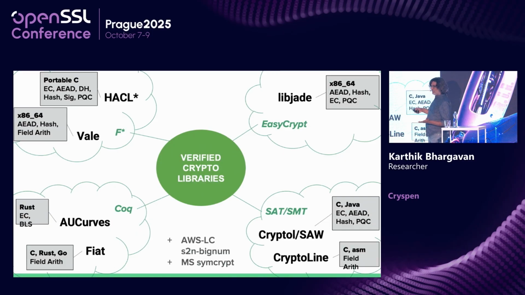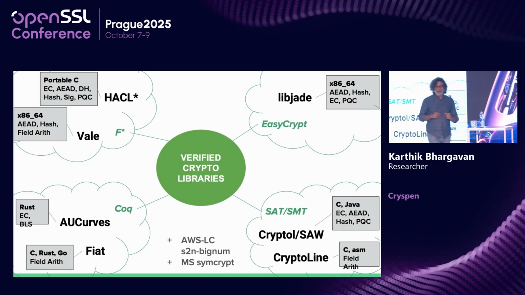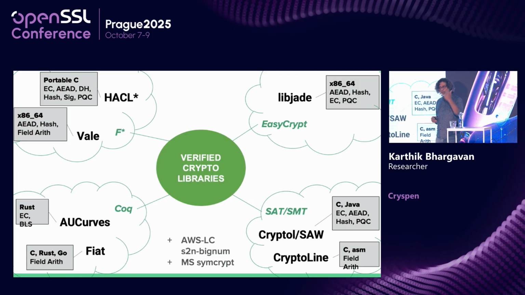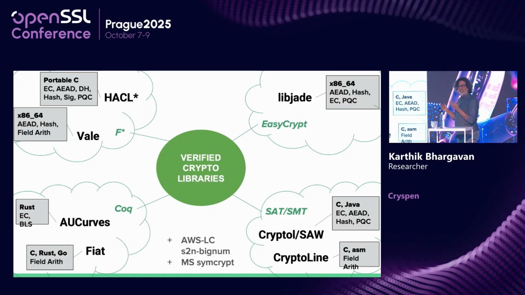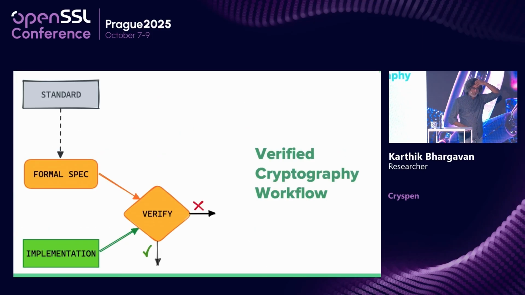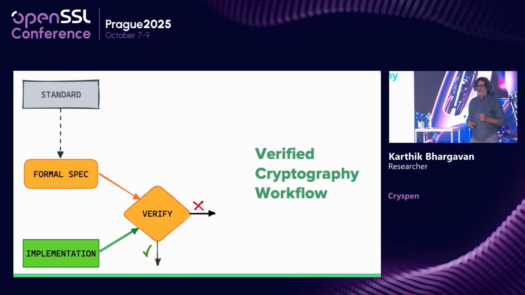In fact, they keep increasing. The last time I wrote the slide, Microsoft hadn't announced its formal verification project either, but Microsoft has one, Amazon has one, rumors are Apple has one, other people have, everybody is trying to formally verify their crypto. And using a variety of techniques. You don't need to know what techniques they are, but there are a wide variety of techniques being used for it. So what does this mean to verify crypto, right?